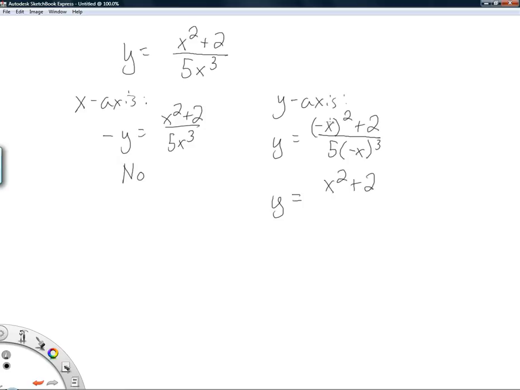Again, squaring negative 1 results in a positive 1. And in the denominator, cubing negative 1 gives negative 1. So I'm going to write negative 5x cubed. So the y matches up, x squared plus 2 is the same, but negative 5x cubed is not the same. So this is a no.